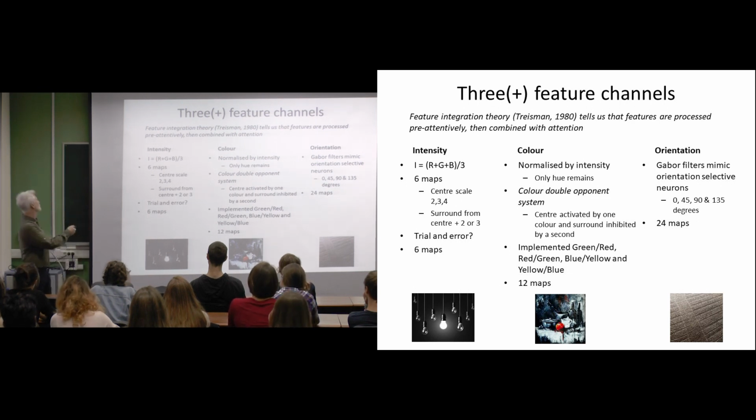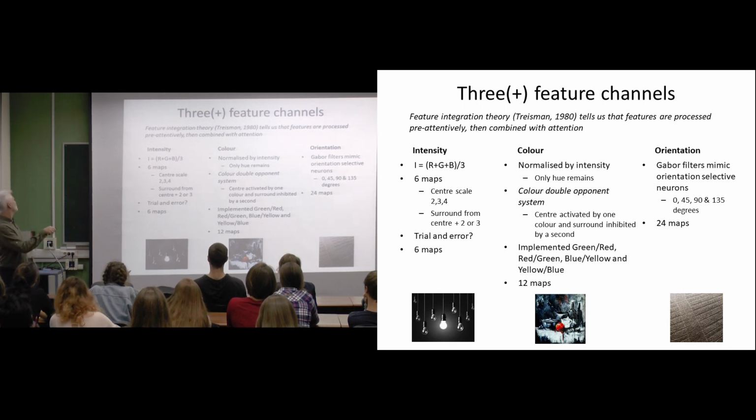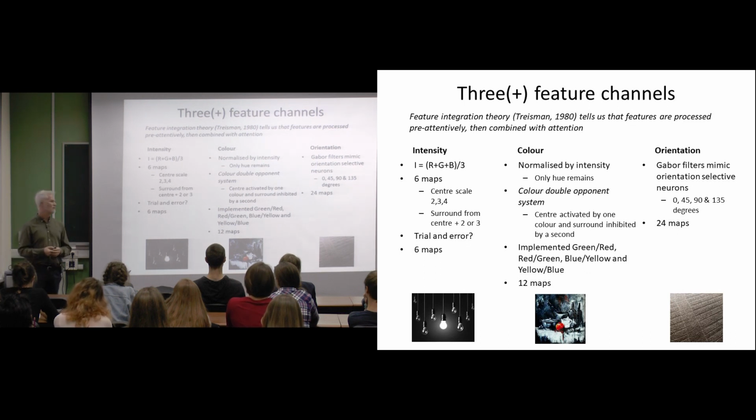So let's take a couple of different features of the visual stream, process them separately before we merge them back together again. Intensity, basically the luminance, the brightness of the image. We can take that as the average of the RGB values. We can take the color information, and we can take orientation and edge information. These are different types of features that the visual stream processes, so let's do the same with our model.